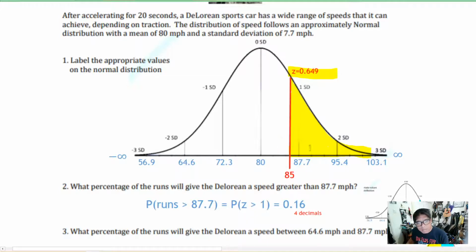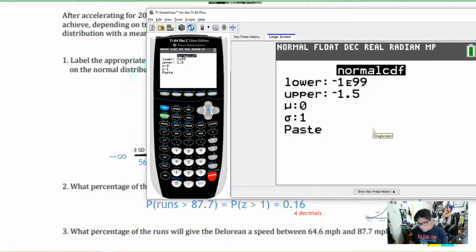Above that means that I need to shade to the right. So this is the area shaded to the right. The lower bound of the area is 85 and the upper bound is infinity. So when I get back to my calculator, for the lower, I'm going to put that z-score 0.649, and for the upper, I'm going to put infinity.